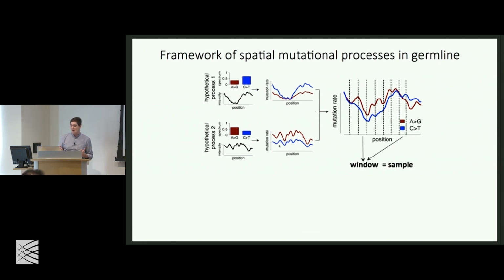And so now, we don't know these underlying processes. We observe only the outcome, and we now bin the genome in non-intersecting windows, and we consider each window as a sample. So if, let's say, in cancer genomics, we considered each tumor sample as a sample, now we consider each genomic region as a sample.